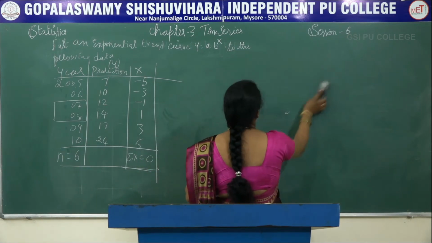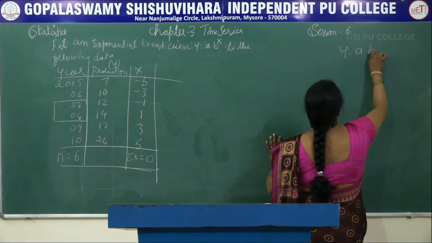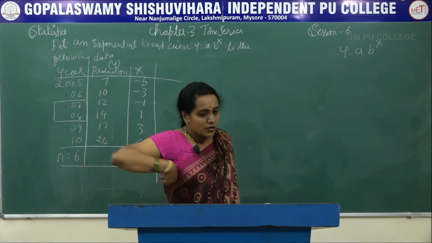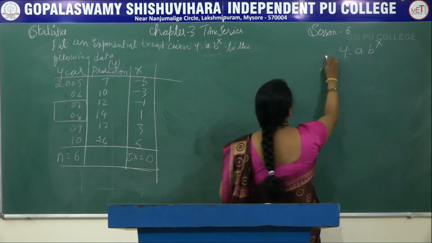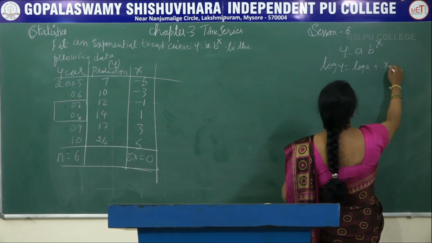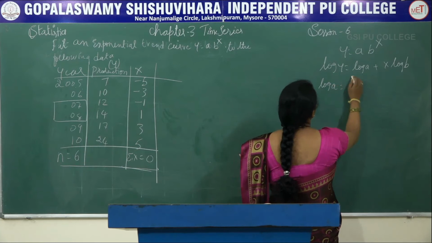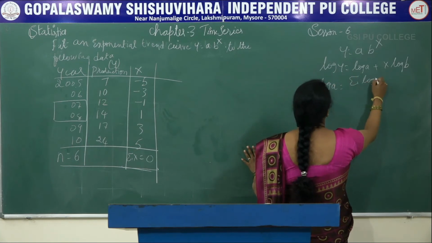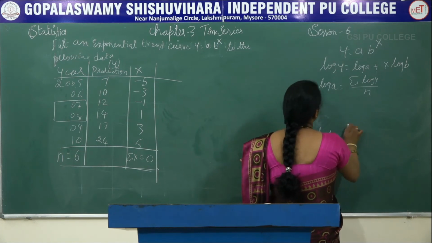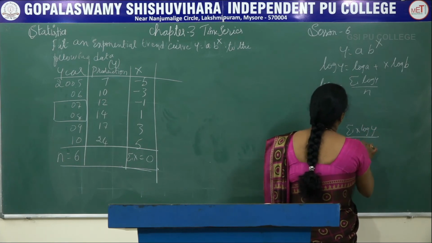After this, again our form is y is equal to a b power x. Already I have told how to calculate the log values, so I will write that form: log y is equal to log a plus x into log b, and we know that to find log a it is summation of log y by n, and to find log b it is summation of x into log y by summation x square.